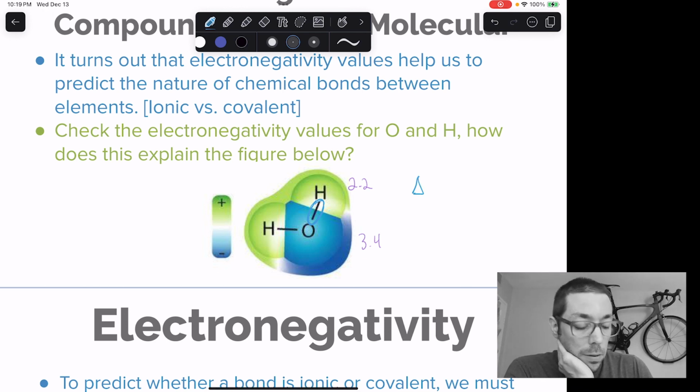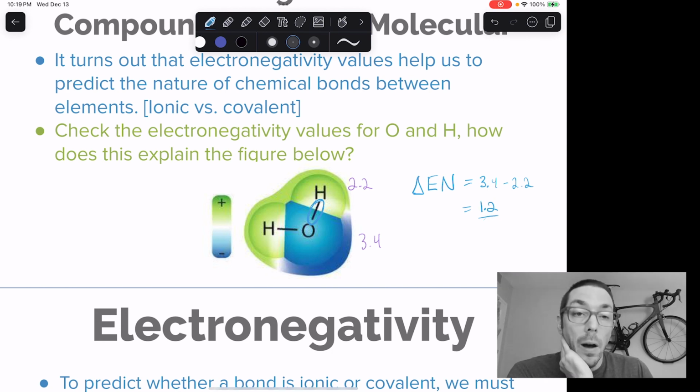The triangle represents delta, so that just means the change or the difference in electronegativity. So delta EN equals 3.4 subtract 2.2. So the difference in the electronegativity values is 1.2 between oxygen and hydrogen.